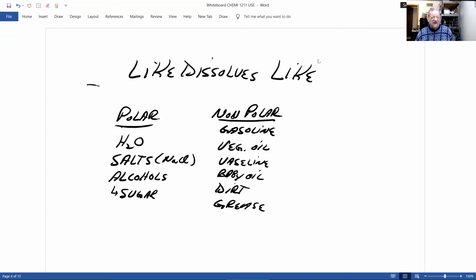And like dissolves like tells you polar things are soluble in polar things, and nonpolar things are soluble in nonpolar things. And if you take, say, vegetable oil and salt, it's not going to be soluble. If you take water and baby oil or Vaseline, it's not going to be soluble. And that's why they use Vaseline and baby oil on babies in their back end and other parts to keep water off the babies so they don't get irritated.